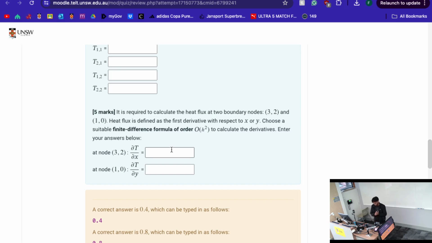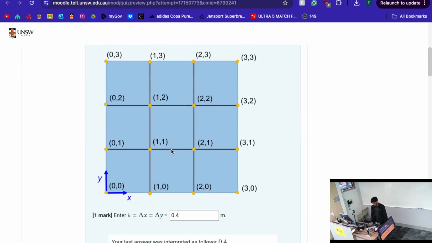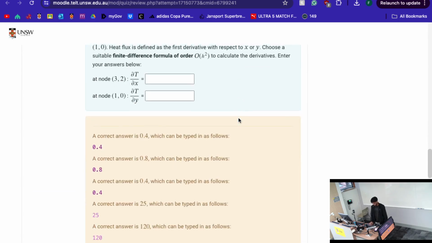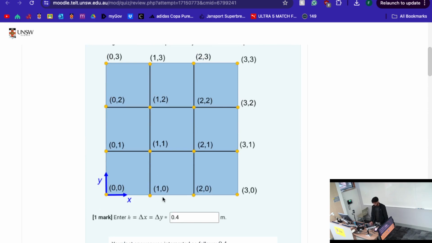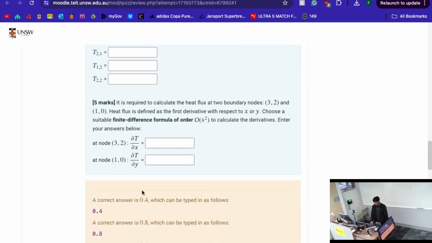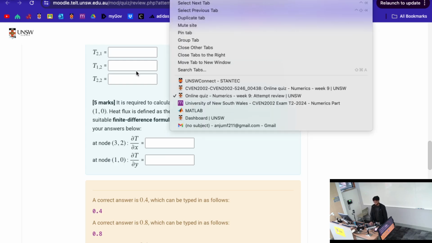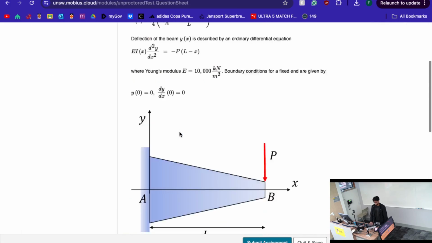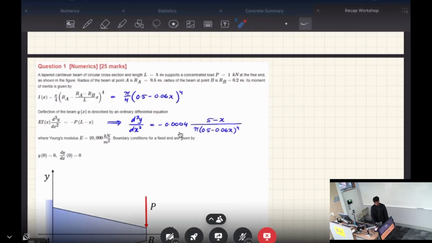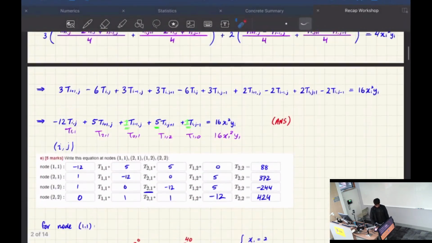It's required to calculate the heat flux at the two boundary nodes. What are the two boundary nodes? 3, 2, and 1, 0. Maybe you would just sub in the finite difference things. They've said choose a suitable one. I'd assume you'd have to use the same ones from over here.